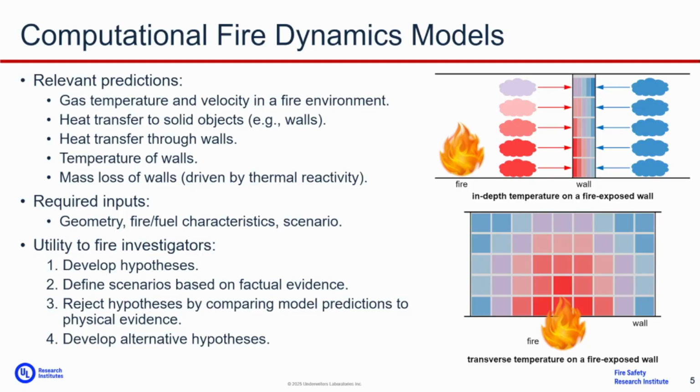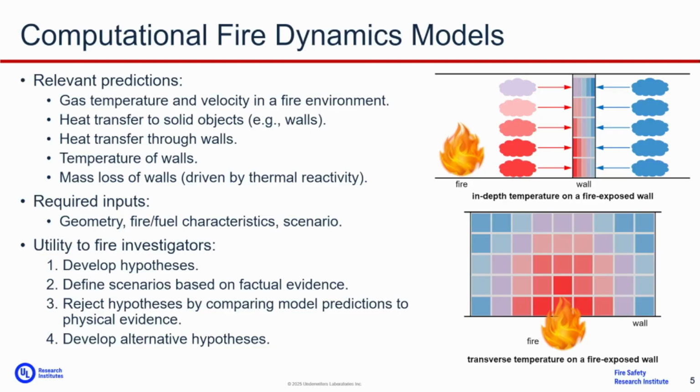Relevant to this study include predictions of gas temperature and velocities within a fire environment, heat transfer occurring on, to, and through objects, solid objects, for example, walls or other combustibles, the temperature of those solid objects, and then the mass loss occurring of those combustible objects. And mass loss is something that would be predicted by a fire model by some defined kinetic mechanism.